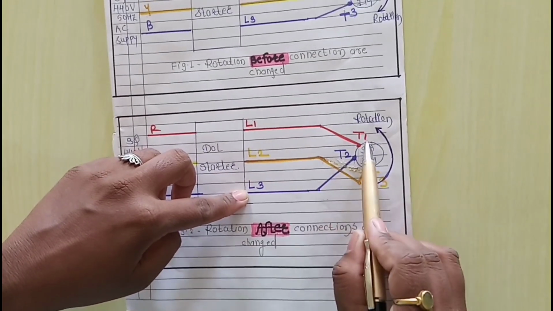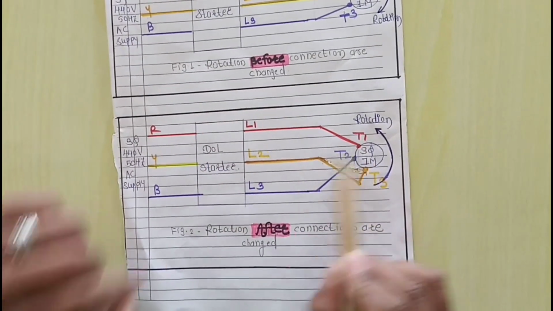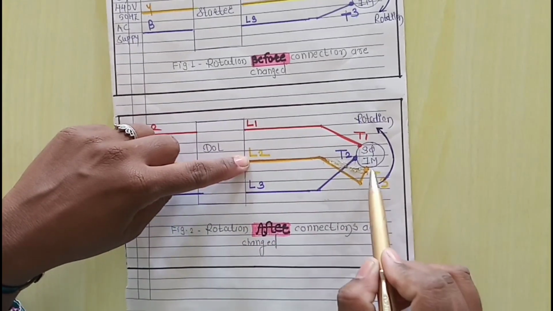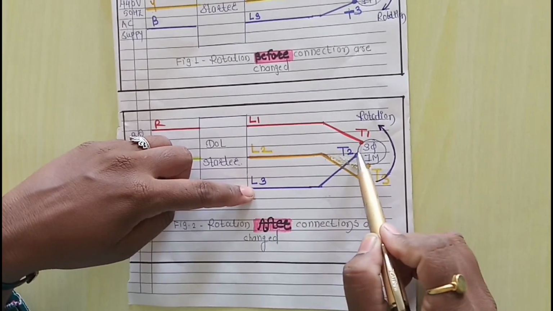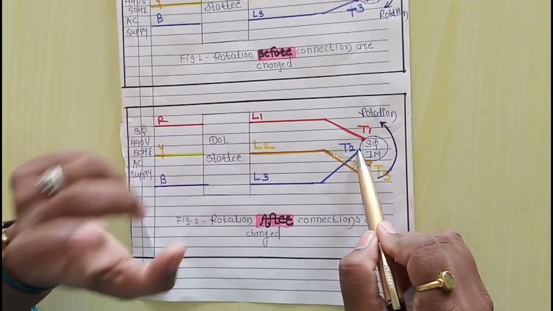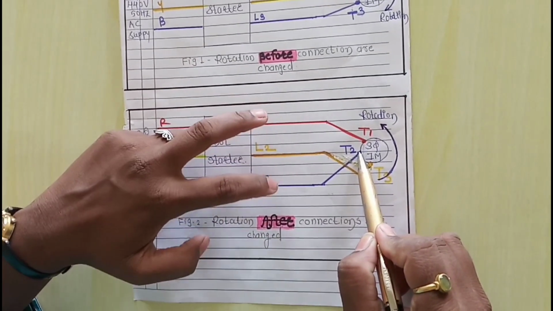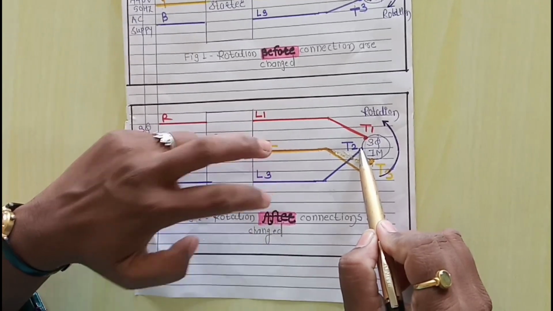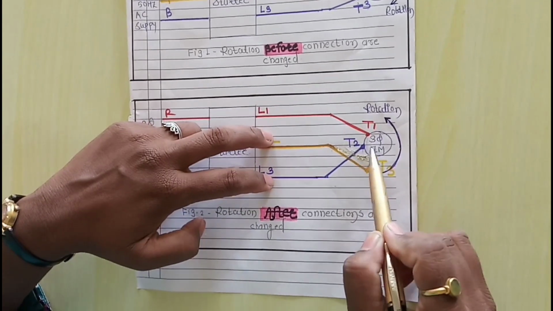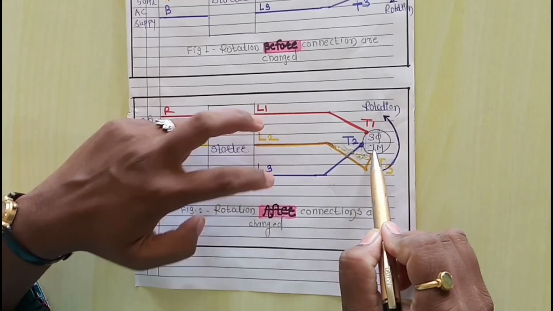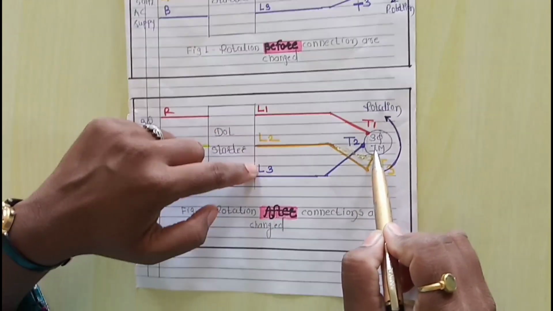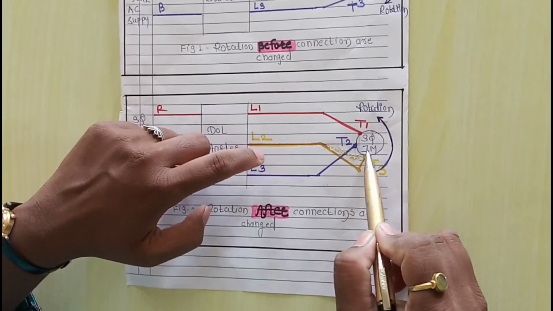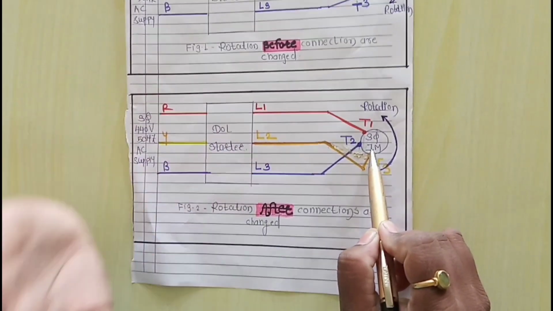L1 is connected to T1 same as previous, L2 is connected to the T3 terminal and L3 is connected to the T2 terminal. That means our phase sequence will get reversed, and due to this change in phase sequence, the direction of the induction motor will obviously get changed. As per this connection, the induction motor should rotate in the anti-clockwise direction.